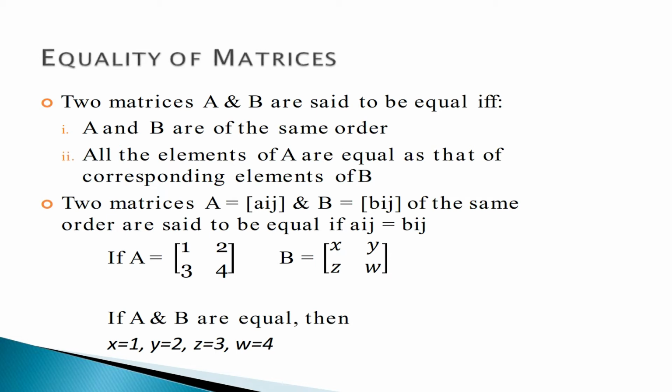These two matrices are equal. A is a matrix of order 2 cross 2 and B is also of order 2 cross 2. Then A equal to B means x is equal to 1, y is equal to 2, z is equal to 3 and w is equal to 4.